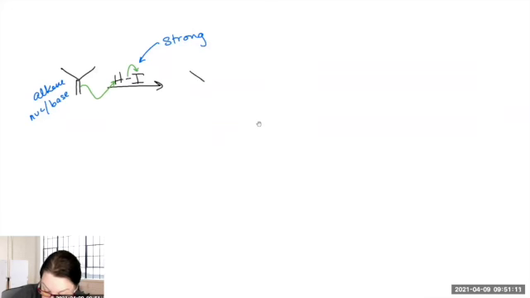We are not changing any of the sigma bonds that were present in our starting material, but we did break the pi bond. And we now have a choice between carbon 1 and carbon 2 as far as which has a new bond to hydrogen.